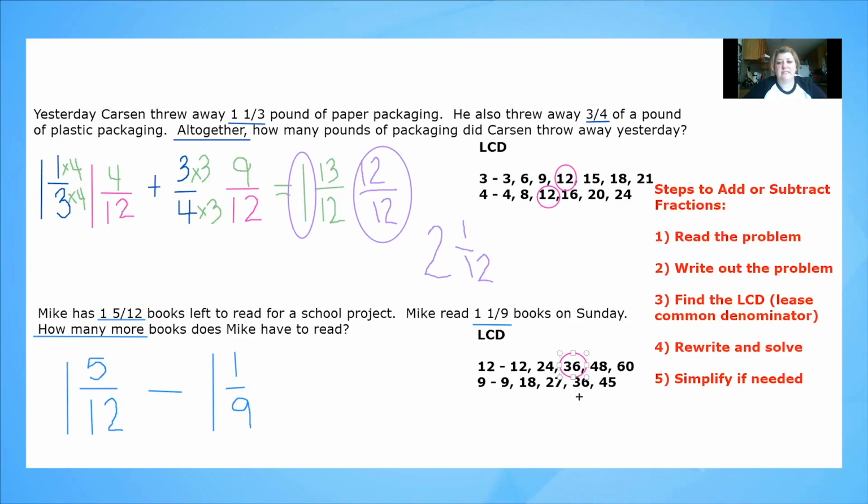So 36 is going to be our LCD, or least common denominator. So we need to rewrite our fractions using 36 as our denominator. I didn't leave myself enough space on this one, so please make sure you're leaving yourself some room when you are solving these problems.